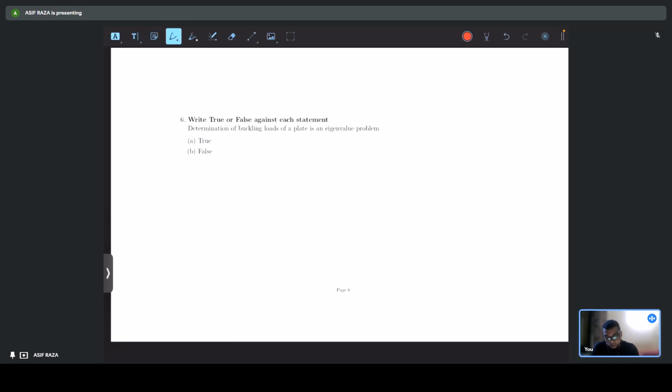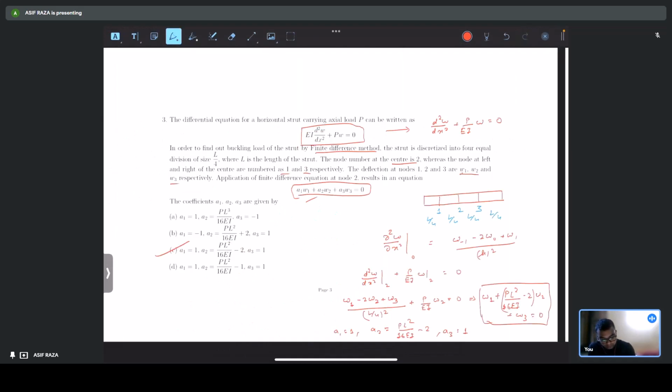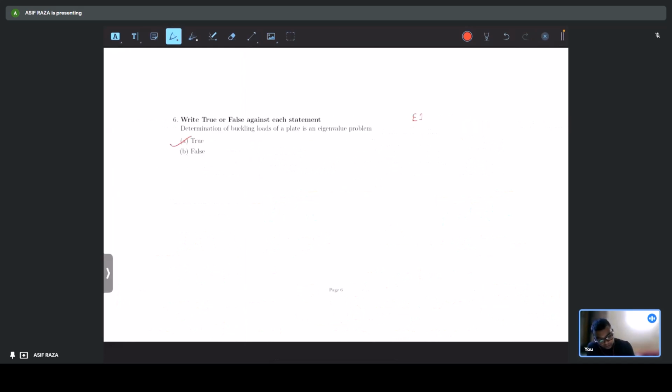Determination of buckling loads of a plate is an eigenvalue problem. This is also true. You can see the equation we just derived here, that is EI d2W/dx square plus PW equal to 0, or d2W/dx square plus P upon EI W equal to 0.